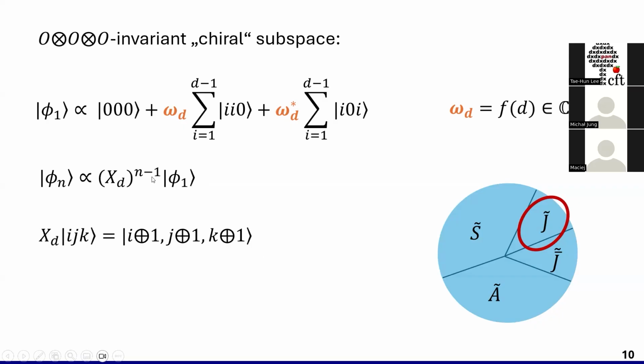By applying it repeatedly, up to d minus 1 times, to the first basis vector, we can construct the whole basis, which means that we always get d vectors, which shows that this chiral subspace J and also J bar have the dimension d.